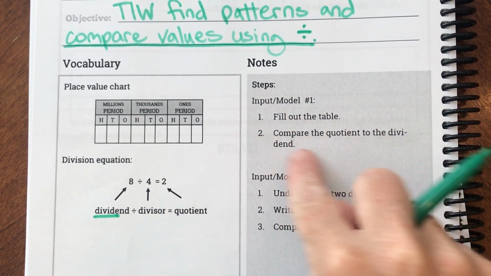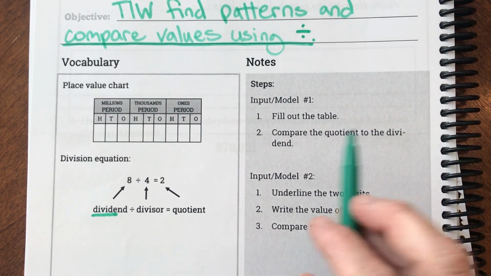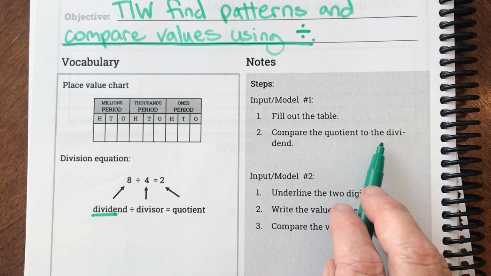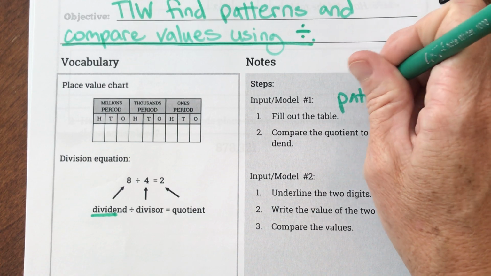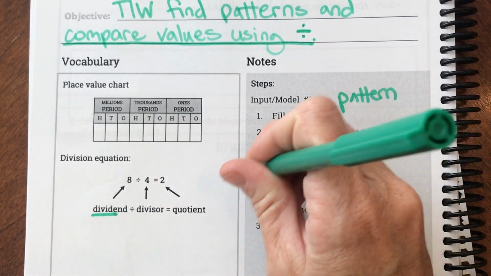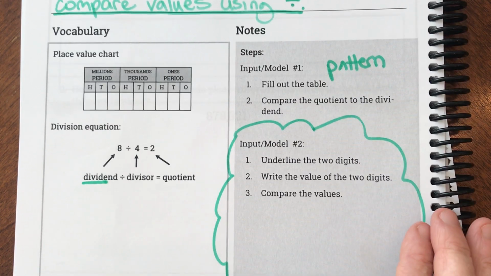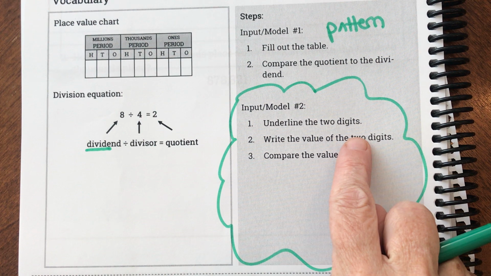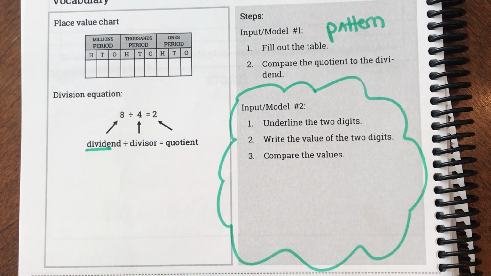And our first type of problem is going to be something that we've seen in our multiplication lessons, where we're going to be filling out the table and then comparing the quotient to the dividend. This is where we're just going to be looking for our pattern to help us. But this is the important part of our lesson, is we're going to be doing our comparing here. So we're going to underline the 2 digits, write the value of the 2 digits, and compare the values.